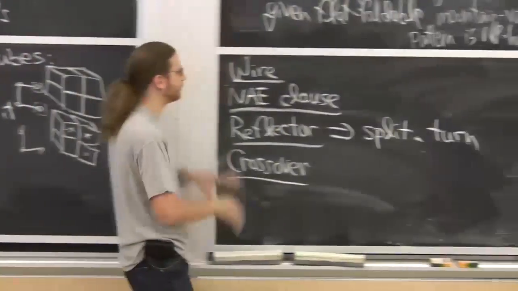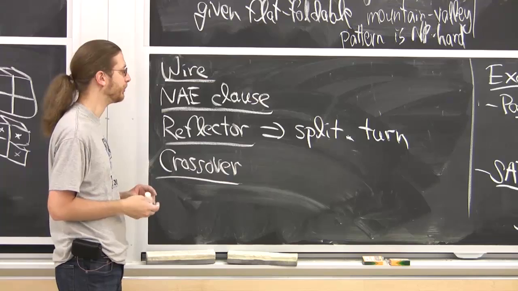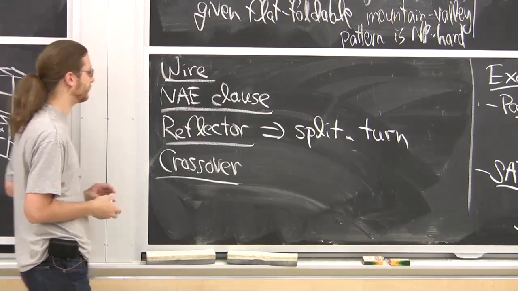So this is a general picture, in fact, of what a SAT kind of NP-hardness proof looks like. If you haven't done many of them, now you'll know.